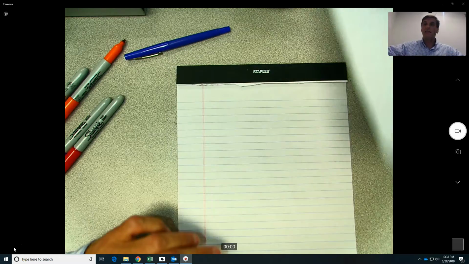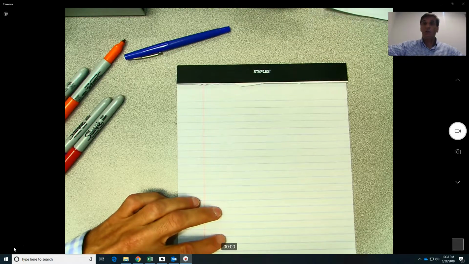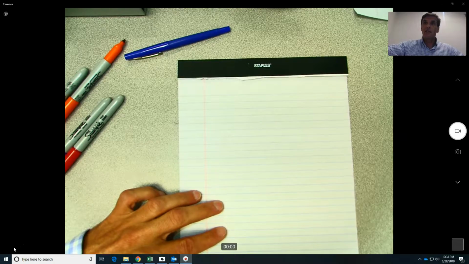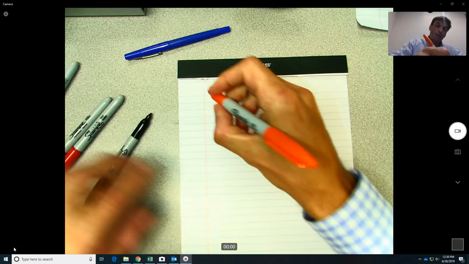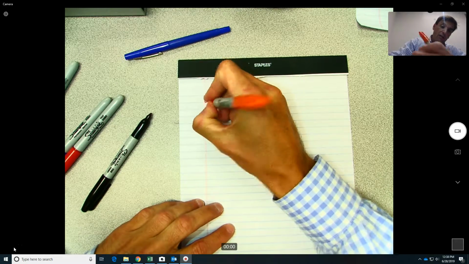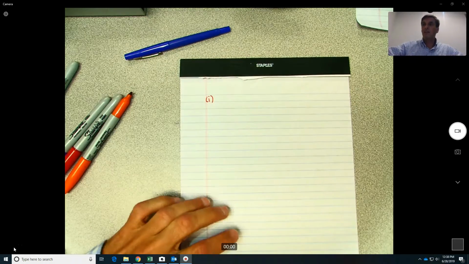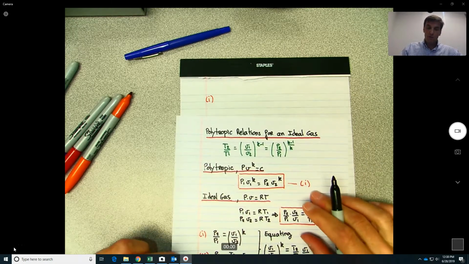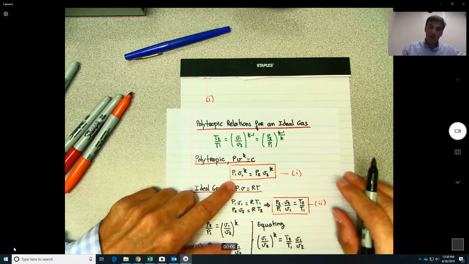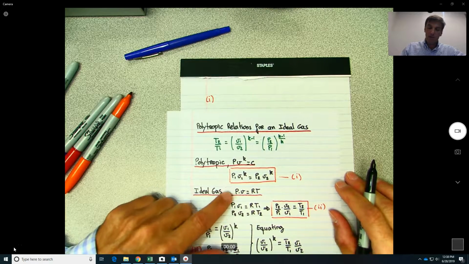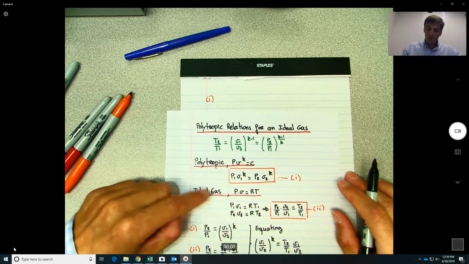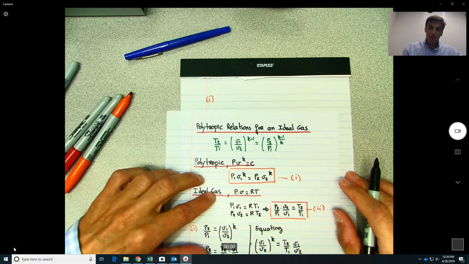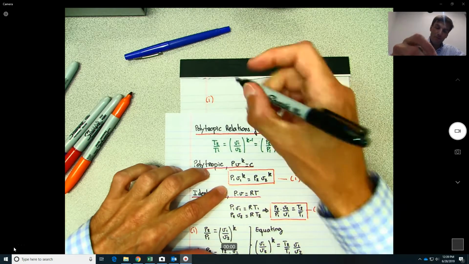Alright, so basically what we do at this point is that from the first equation, this time we try to eliminate the volume. So from the first equation, which will be this one, we can write down what? So basically the same thing as we did before.